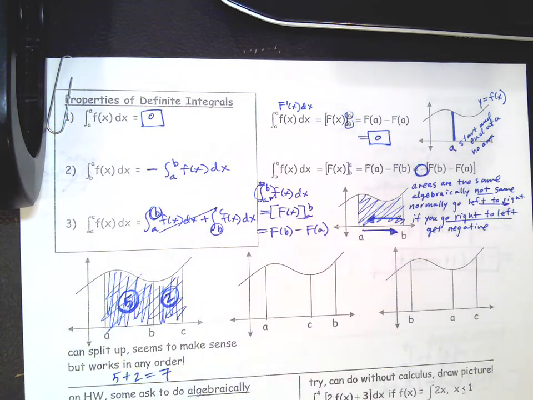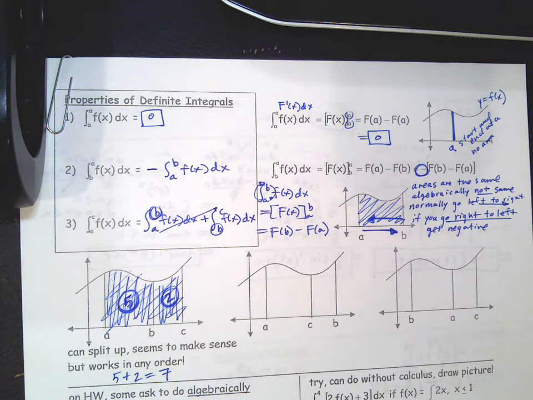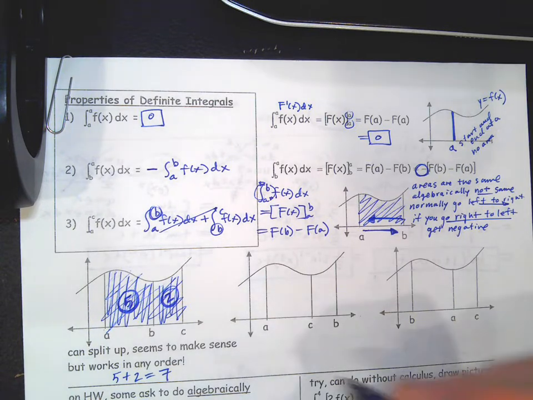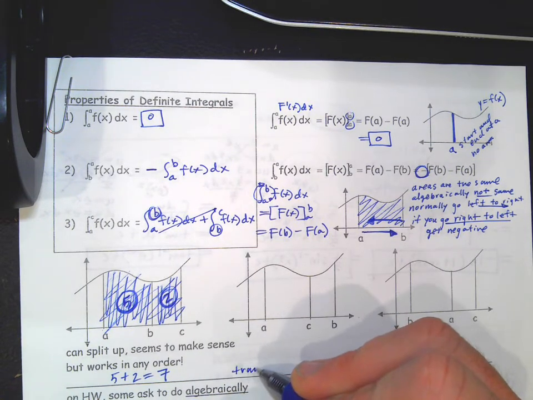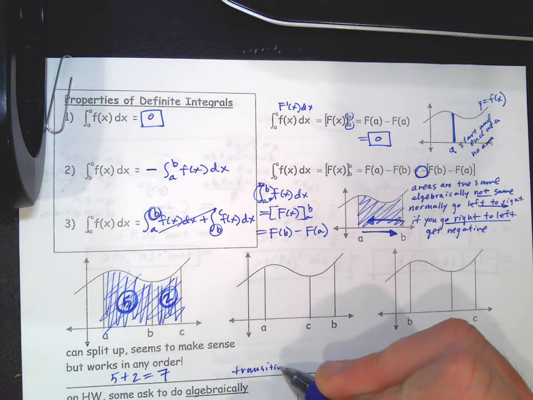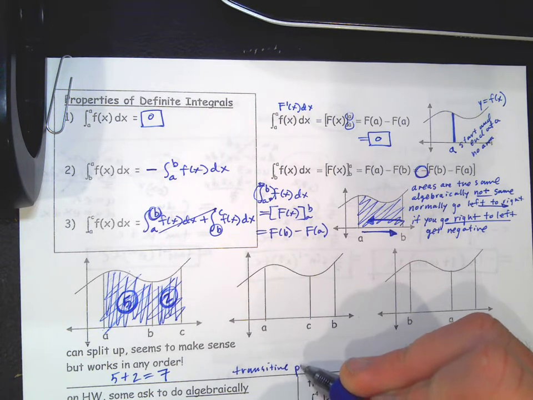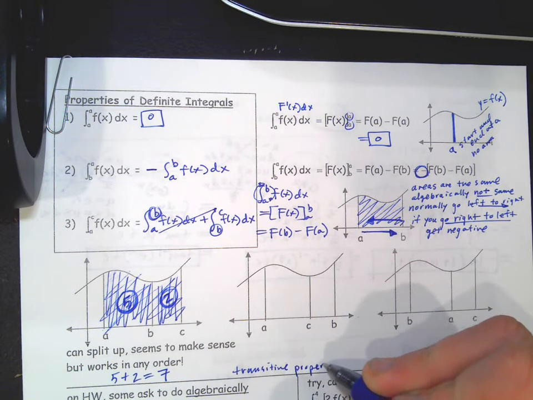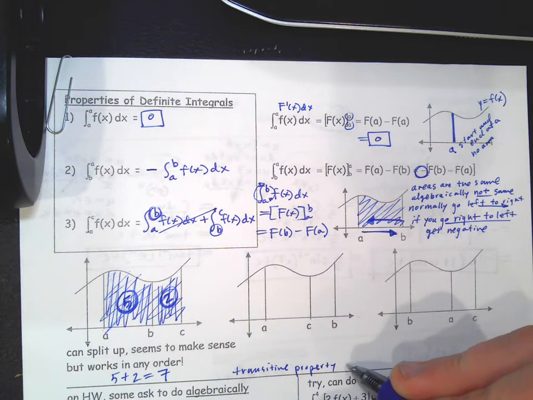It's kind of like in geometry, you use this idea called the transitive property. It's the transitive property of equality.